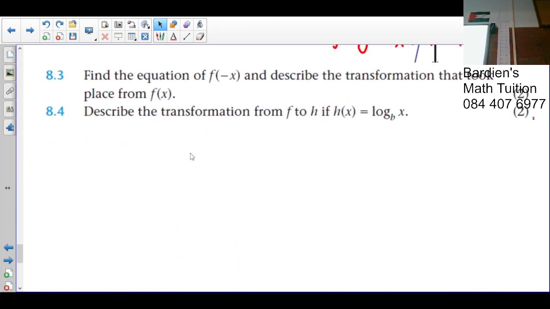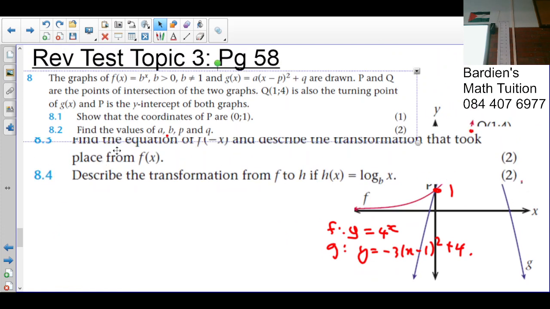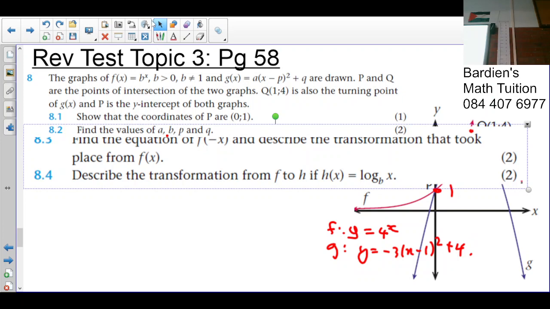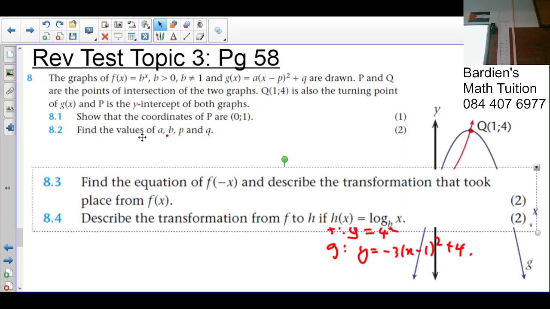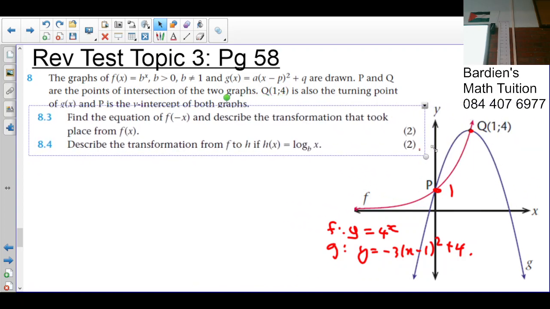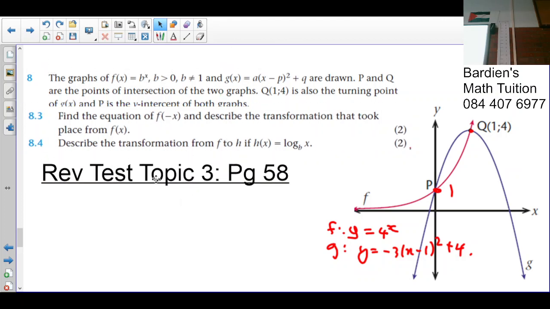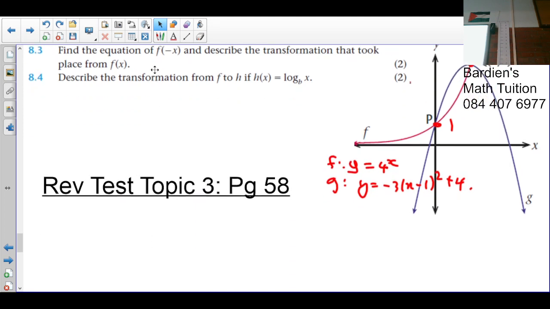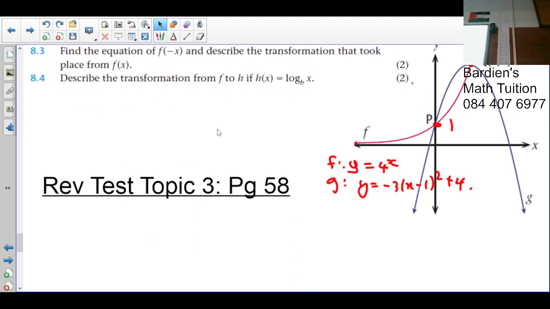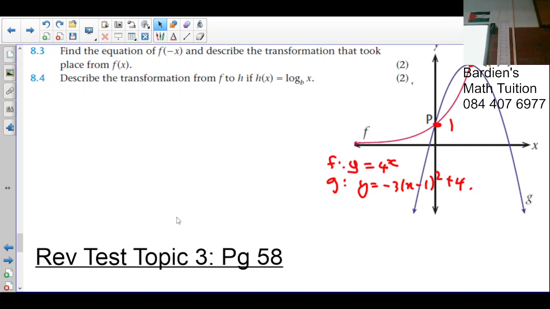Then in question 8.3 we are told, find the equation of f of minus x and describe the transformation that took place of f of x.